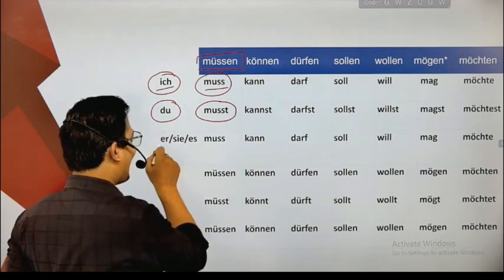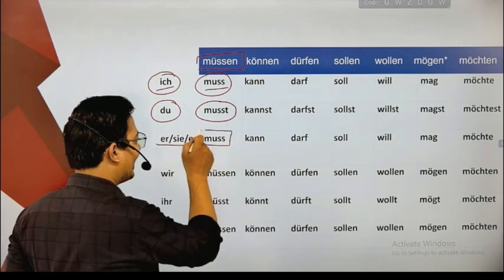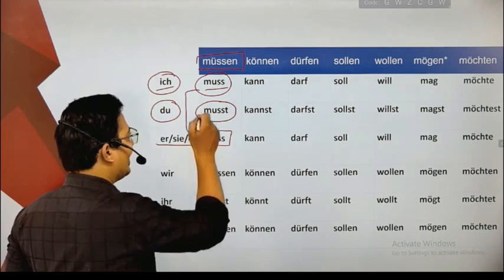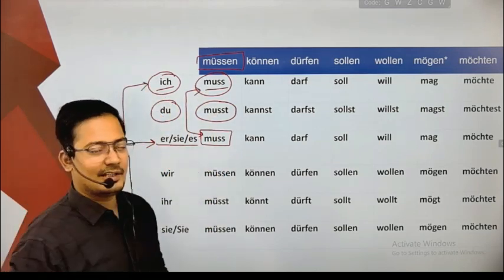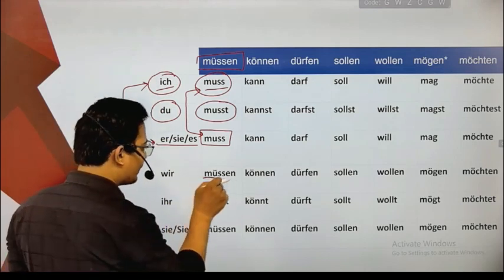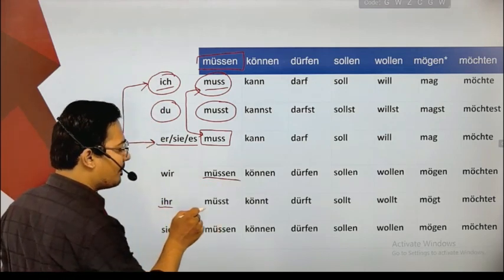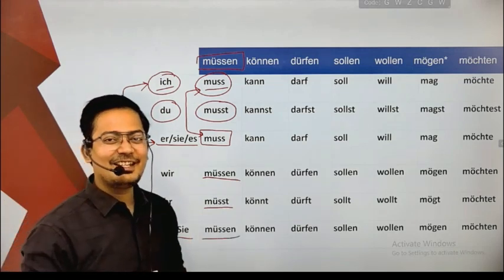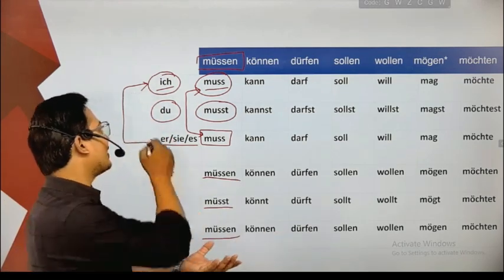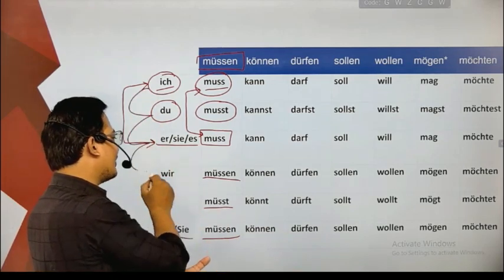Er, sie, es muss. Again, same. In modal verbs, ich and er, sie, es remain the same. Now, wir müssen, the infinitive form. Ihr müsst. Sie müssen.